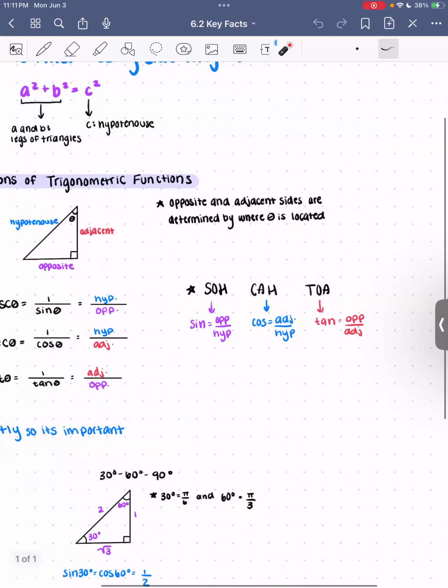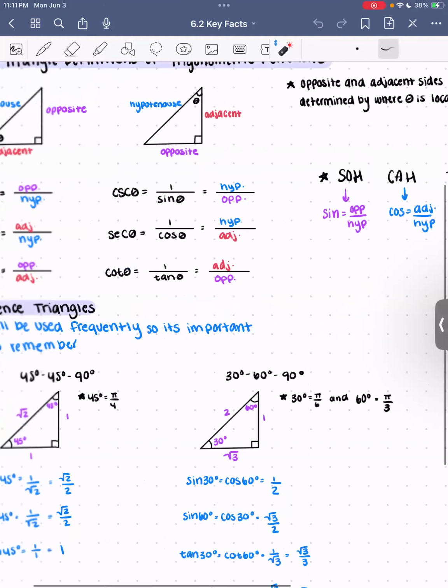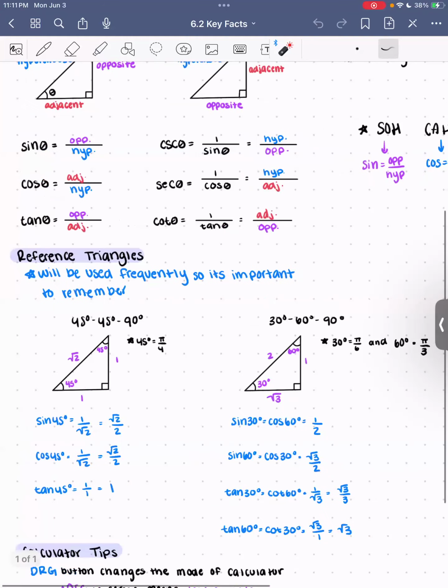Also, you might have learned a fun phrase in school, and if not, there's SOHCAHTOA, and that's how you can remember sine is opposite over hypotenuse, cosine is adjacent over hypotenuse, and tangent is opposite over adjacent. SOHCAHTOA, it's a little trick you can learn.